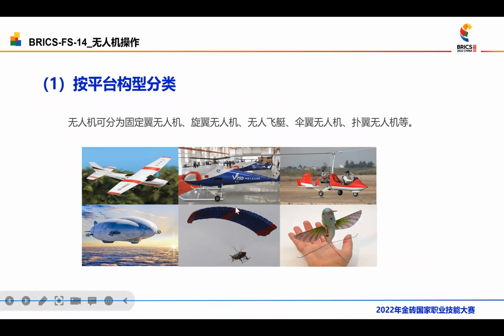First is the fixed wing UAV. Second is the rotor UAV, whose lift is generated by the rotation of the rotors.